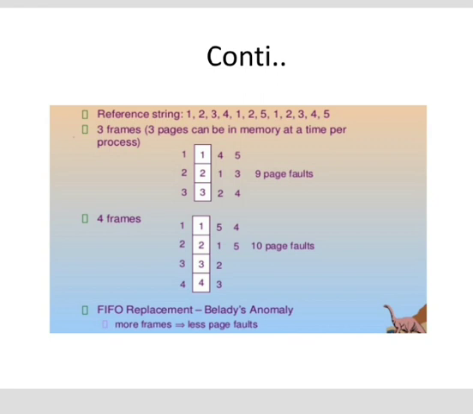So the algorithm for this is, first we have to read the initial values, that is read the number of frames, read the length of the reference string and read the reference string, that is the trace. Next is initialize: the frame array is initialized to -1, indicating that frames are empty, and the other array is initialized to 0.